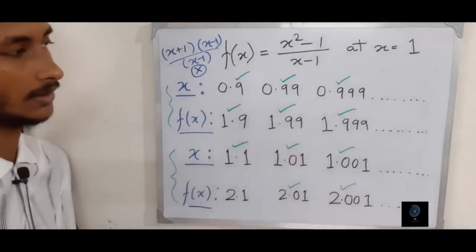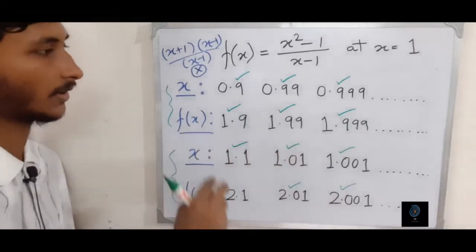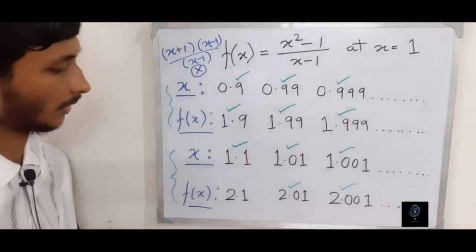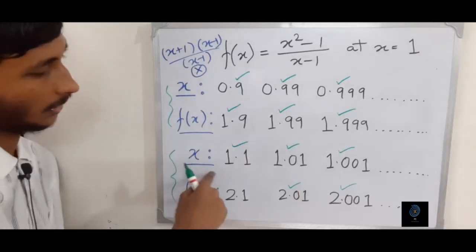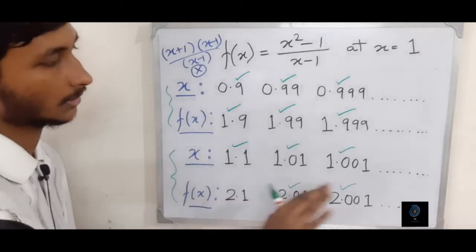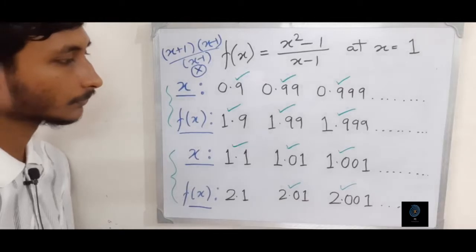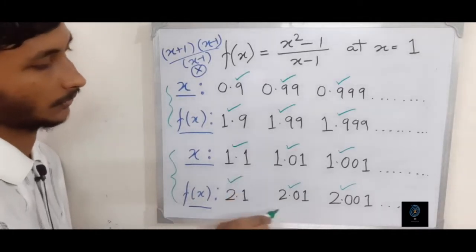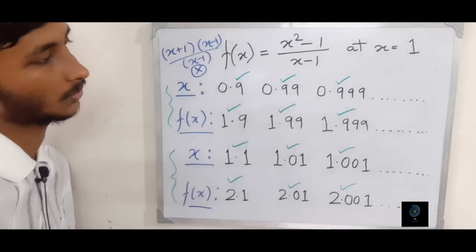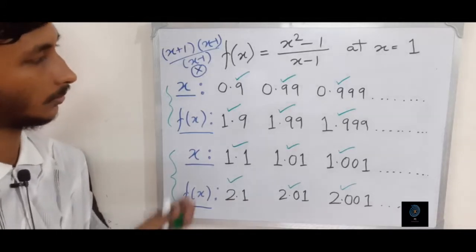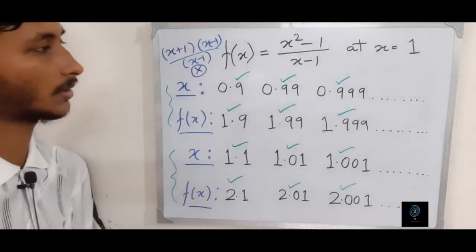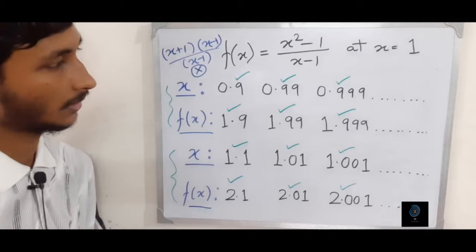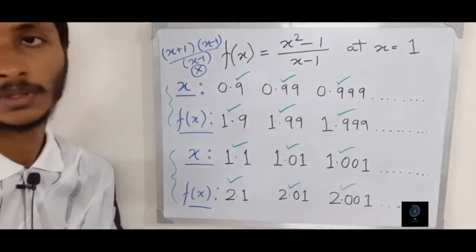That is, the difference between 2 and f(x) is becoming smaller and smaller. In this case also, when we are pushing x closer and closer towards 1, the values of f(x) are moving closer and closer towards 2. So in both the cases, as we push x towards 1, f(x) approaches the value 2.